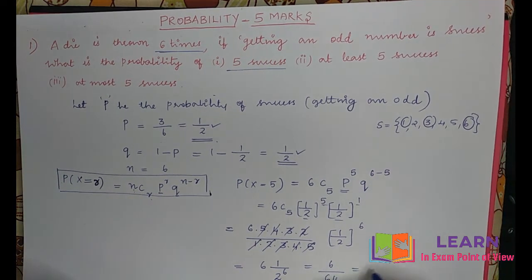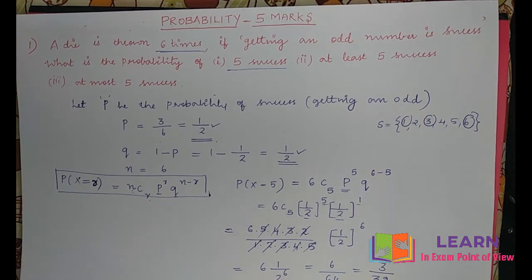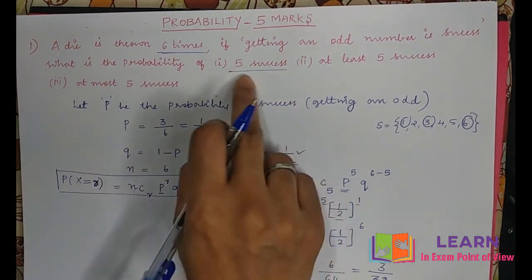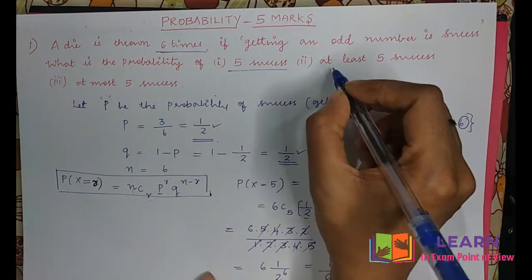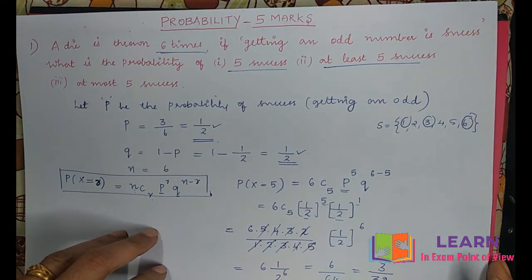Simplifying, you will get 3 by 32. Clear? This is only the first case we did. Similarly, we have to do at least 5 successes.